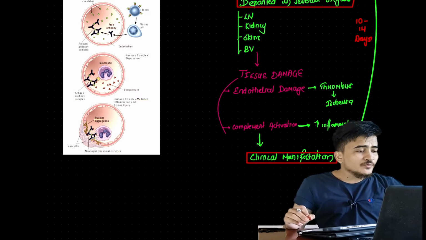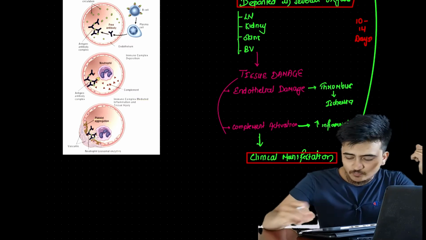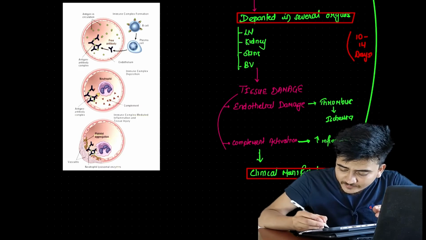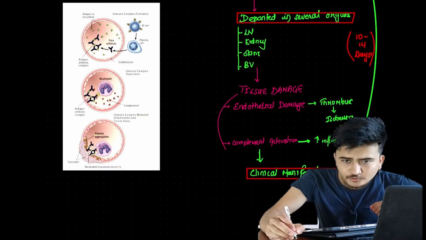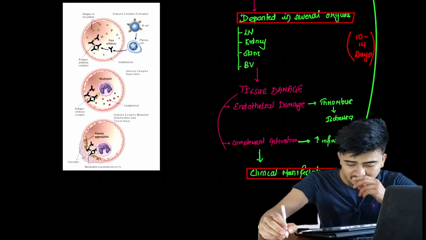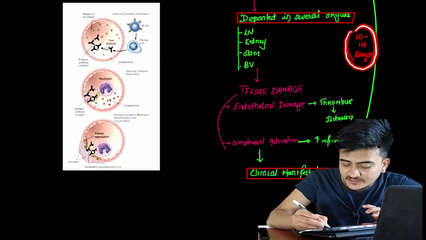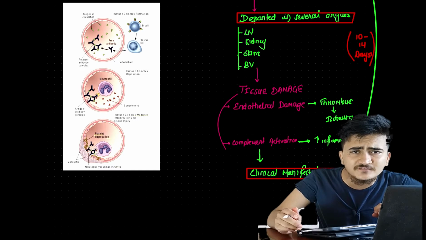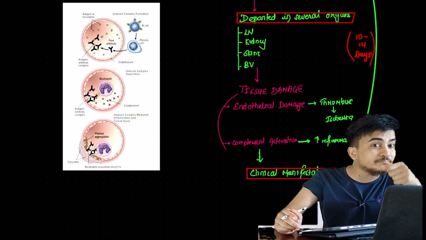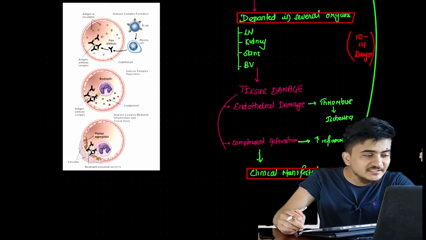Knowing about these different time periods, the time duration for clinical manifestation here is about 10 to 14 days, but in type 1 hypersensitivity reaction, the time period was what? Within minutes. There we were finding an immediate response.